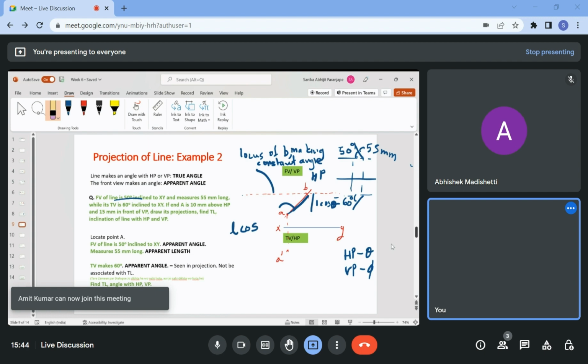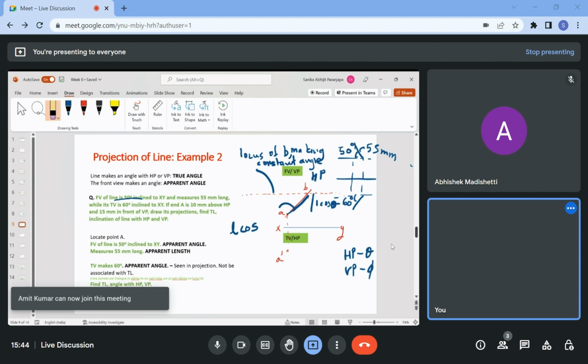Now they have told us that the top view is 50 mm. So top view, I can just simply take the distance here and I can mark it here. Top view is the apparent length that we see, that is not the true length, and we can see that in the final projected drawing when the lines are inclined to both the planes.